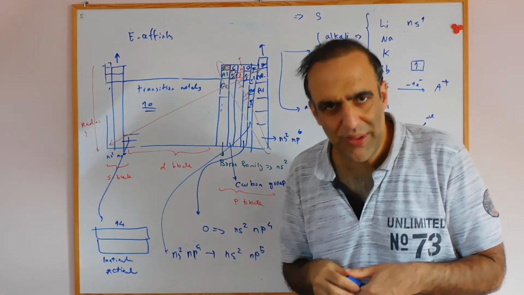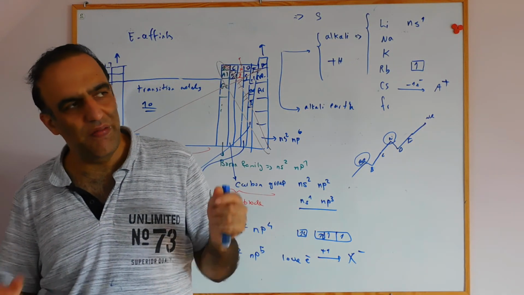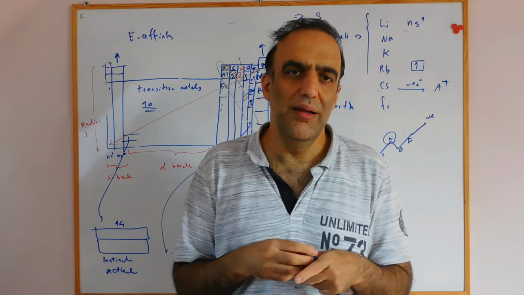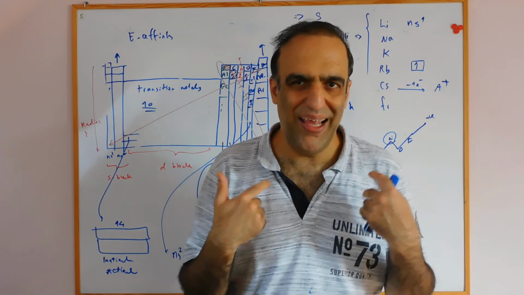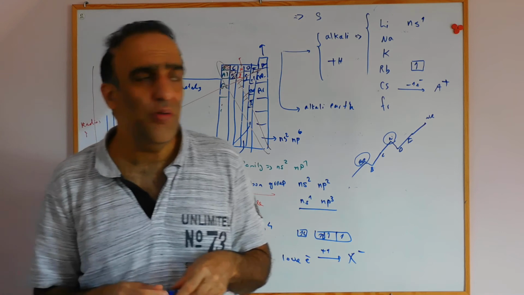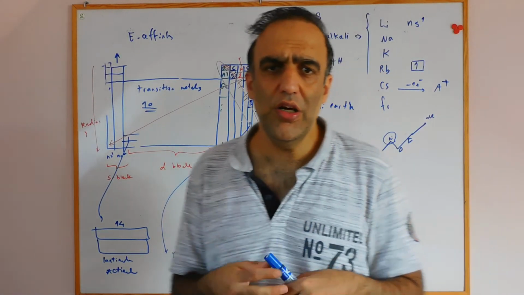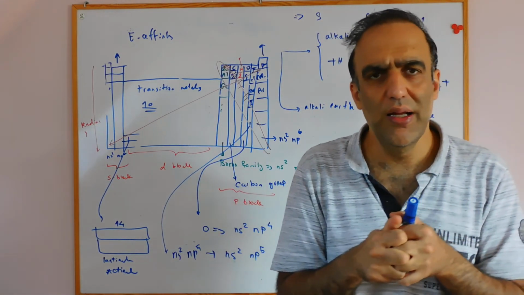It is very important, but I just have to mention this. Electron affinity is very important, and metals don't like to accept electrons. Electronegativity is also very important: the ability of the atom to draw bonding electrons to itself.